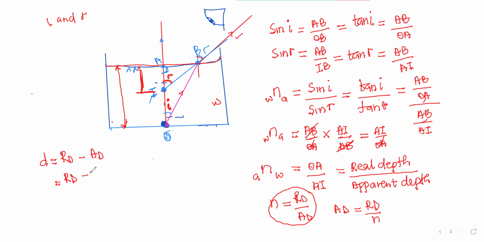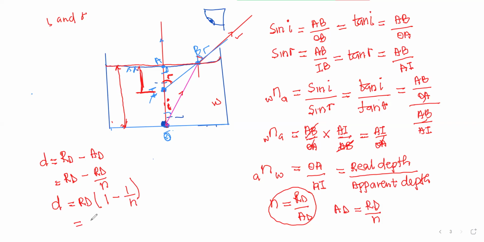So if apparent depth is equal to real depth over the refractive index, then D can be expressed as, having factorized RD out, 1 minus 1 over the absolute refractive index of the material.